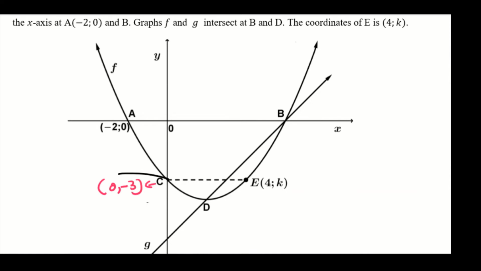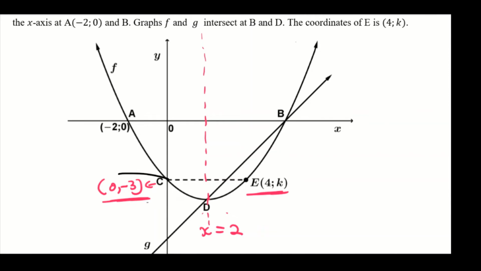So these are the coordinates of C. And we are told that they are a reflection of the axis of symmetry. So this is the axis of symmetry, and we know that the x value of the axis of symmetry is 2, right?